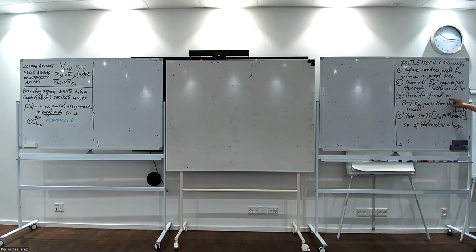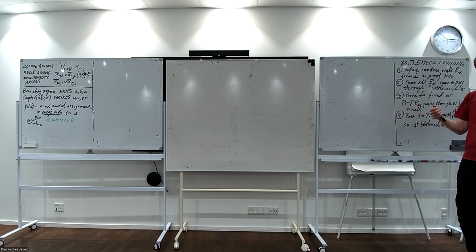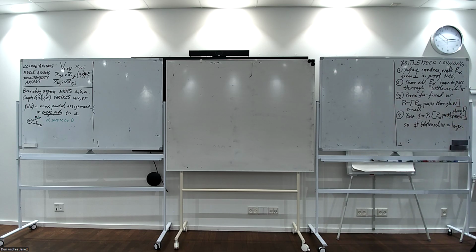Then we said, okay, but fix any informative record, because this is not random, but our initial alpha is random. And for any fixed bottleneck, let's look at the probability over alpha that the path generated by alpha hits this particular bottleneck W. And we argued that this number was very small.